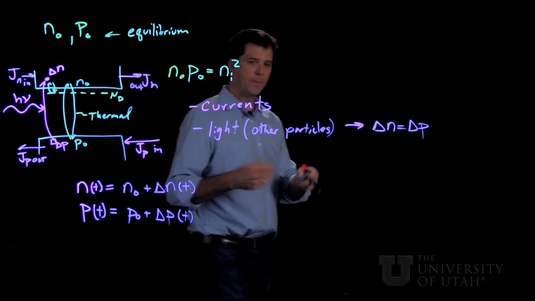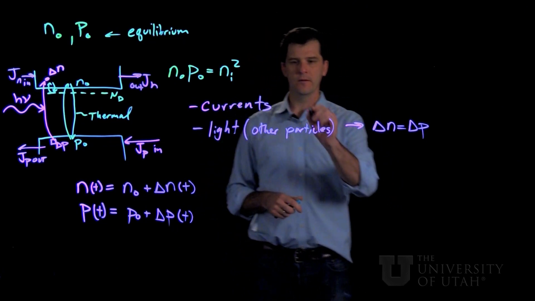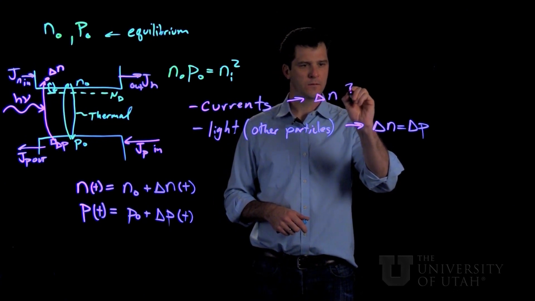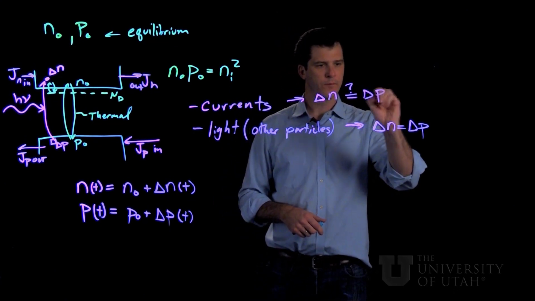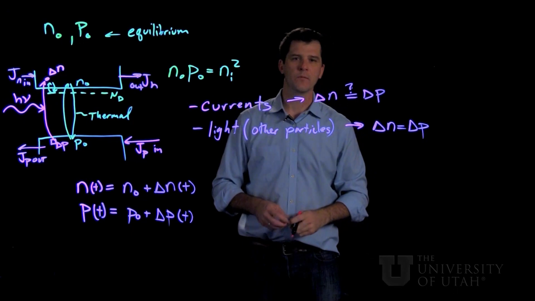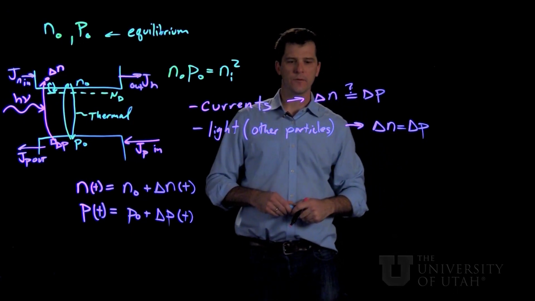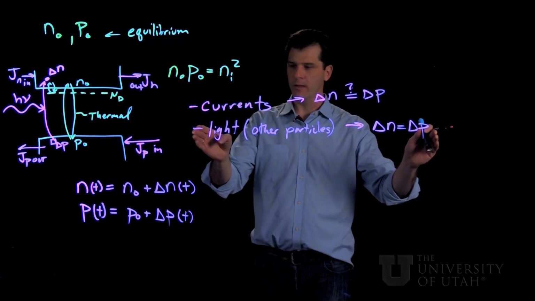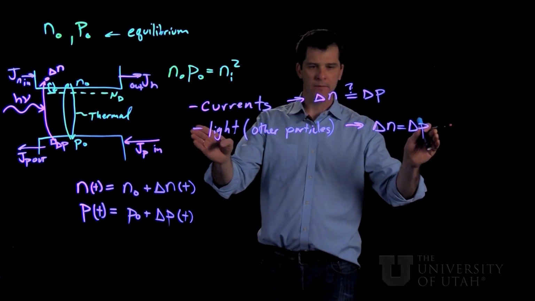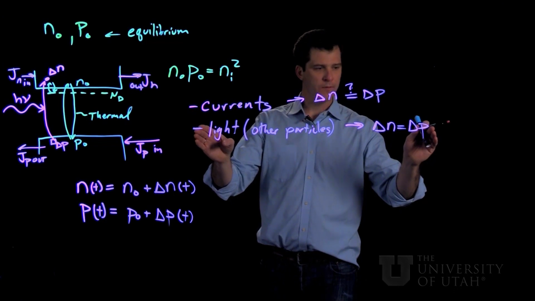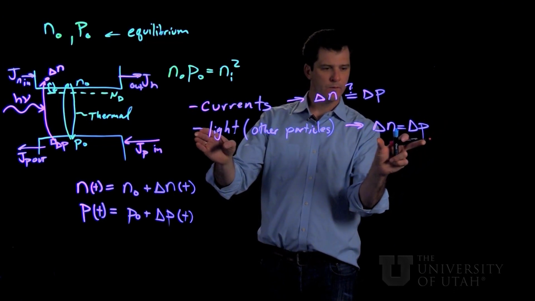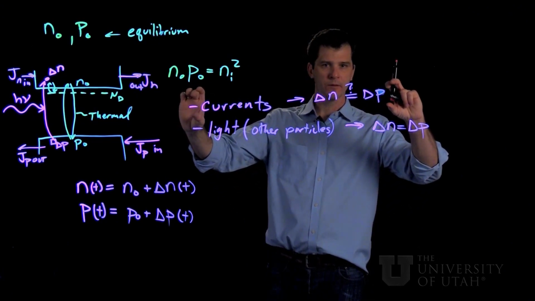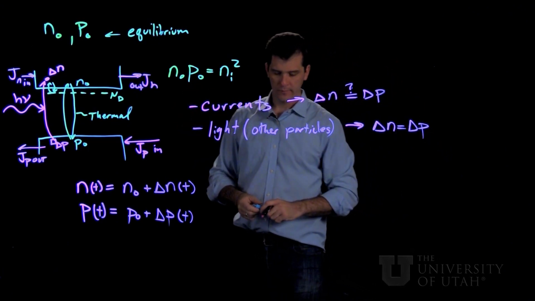Such that the delta n is not necessarily equal to delta p. So I put the question mark there because you're not sure if that's true. So most of the time, we're going to consider processes like this, where you shine light on the semiconductor, and you can make this assumption. So in the following, we'll be using this assumption, although we need to remember that this general case might apply under some situations.